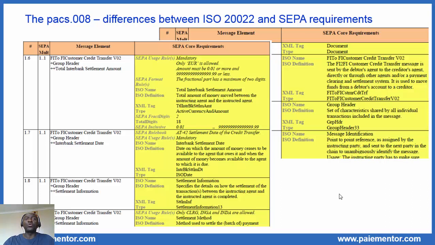If we take the total interbank settlement amount, for example, we see that only euro is allowed in SEPA, while in the ISO 20022 you can put all the currencies, since the ISO 20022 was made for all the countries. Another interesting thing is the settlement information element below.